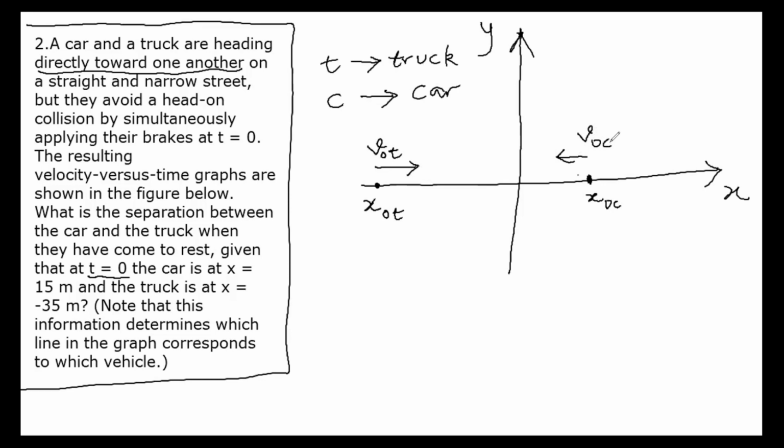It is only in this situation that the two can head directly towards each other, so that there will be this head-on collision. So now this is at the time t equal to 0.